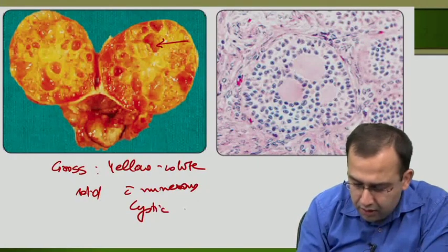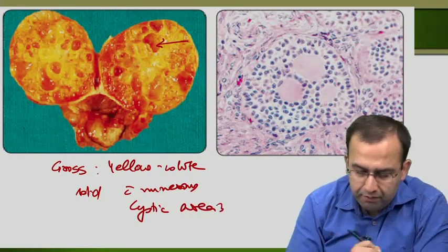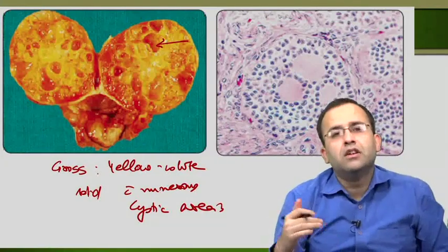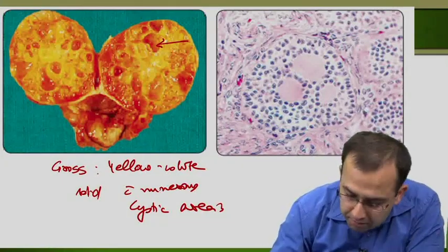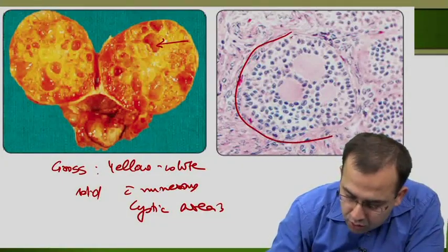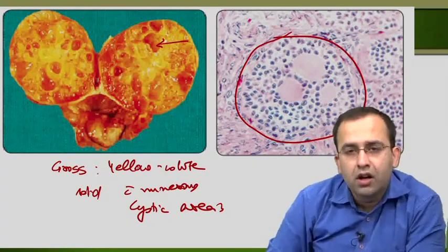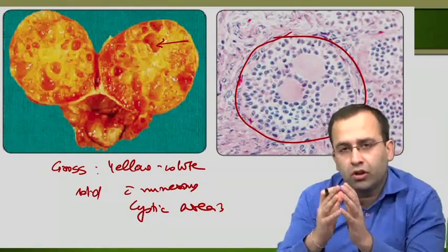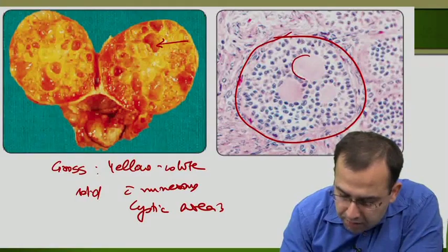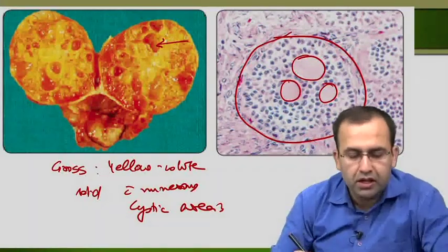Not concerned. What I am very much concerned with is the microscopy. Microscopically, it is showing me a tumor in which it is a globuloid structure with presence of eosinophilic areas in between. This looks like a telephone.